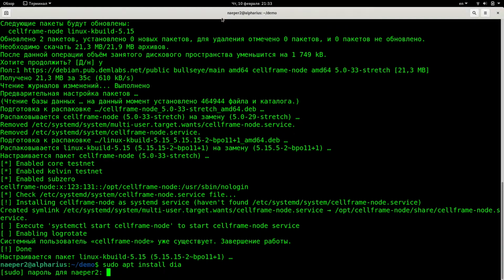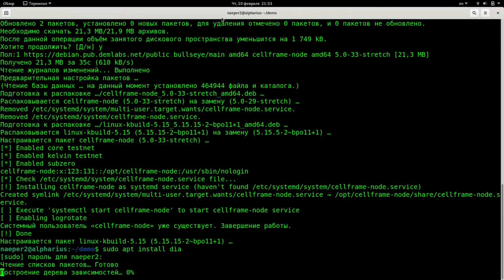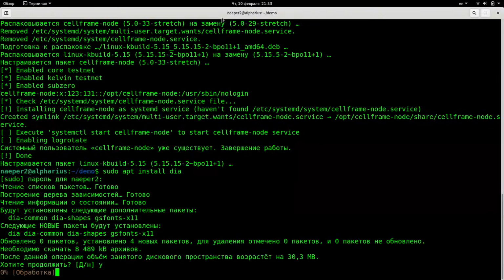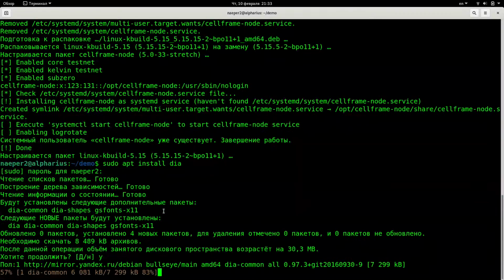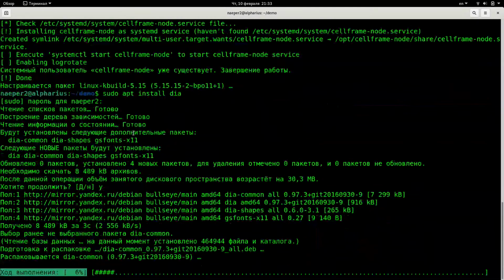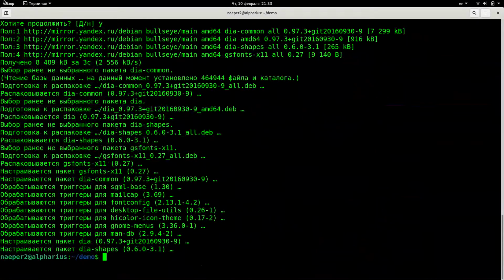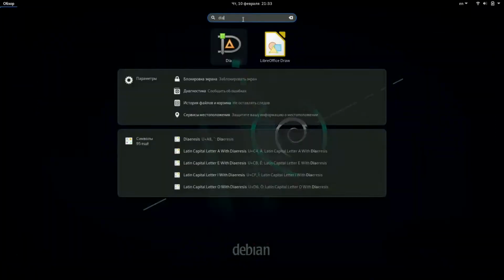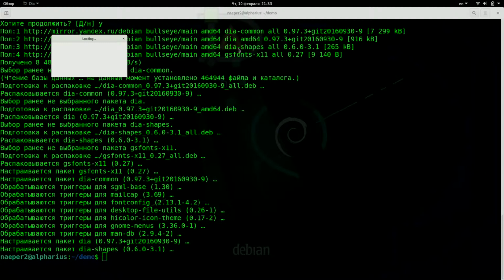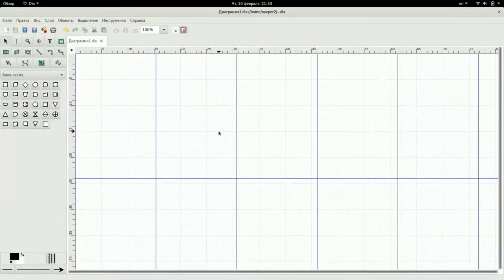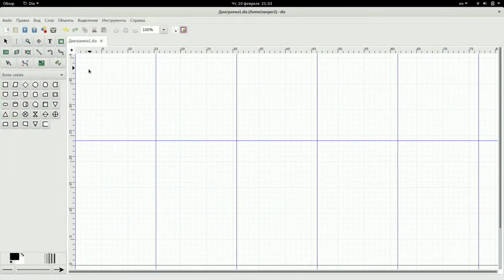Yes, it was some kind of advice to use Dia for our purposes. So let me install it, and I will use it. A long time ago, I used this application, and it was fine. Yes, Dia. Exactly. So let's draw our diagrams here.